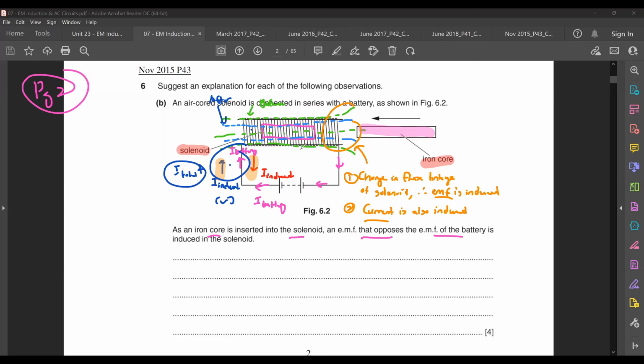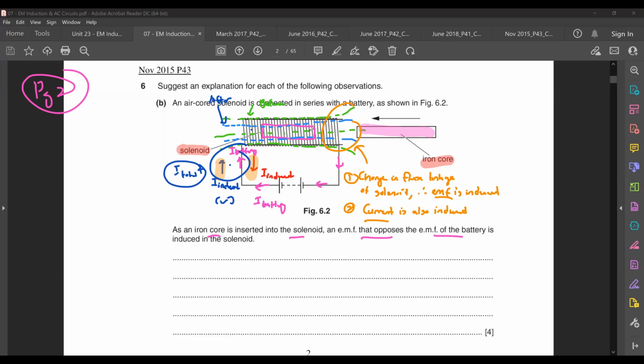Now, in the first place, how did my induced current come about? Was it because of an increase in flux linkage or decrease in flux linkage? When you insert the iron core just now, it causes an increase in flux linkage, right? That in turn causes your induced current, right?